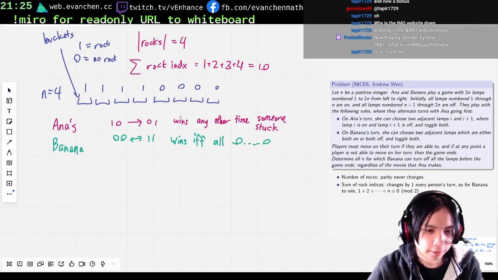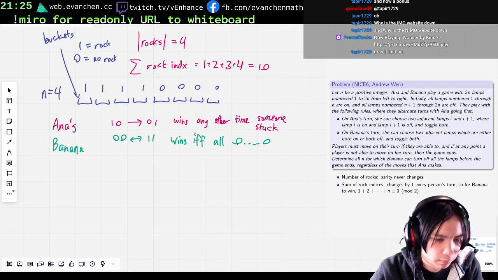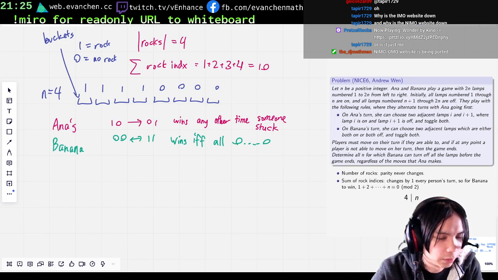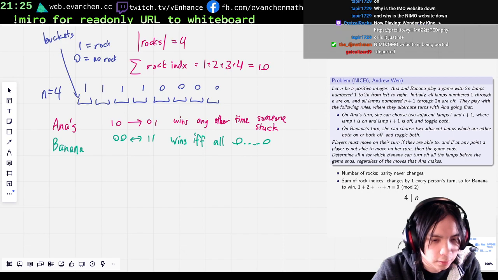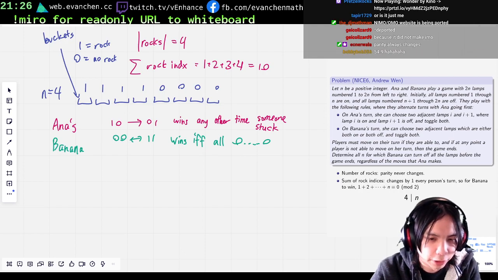So to reiterate, there's a very obvious invariant, which is just the number of rocks, whose parity never changes. There's a slightly less obvious invariant, where the parity of the sum of the rock indexes always changes. And so, conclusion: 4 divides n if Banana wins.